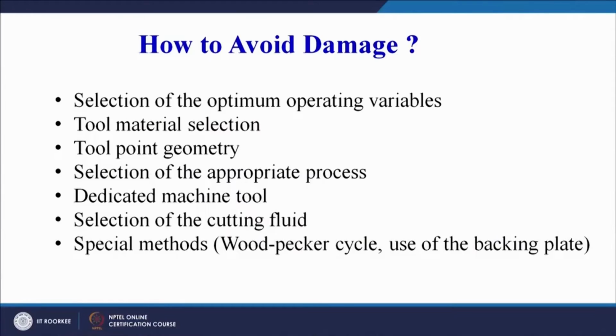Then finally, the innovation and improvisation in the machining processes which can lead to minimization of the damage. Examples are the woodpecker cycle and the use of the backing up plate. These are the 2-3 techniques that we are going to cover today. And we will see that these techniques have definitely led to improvement in the quality of the hole in drilling of polymer composites.